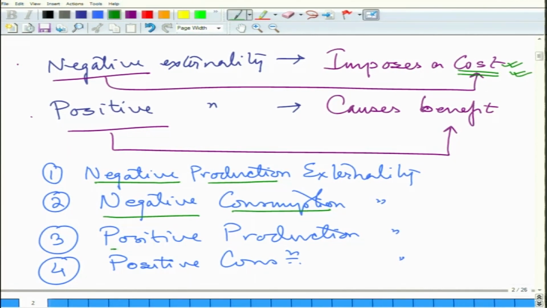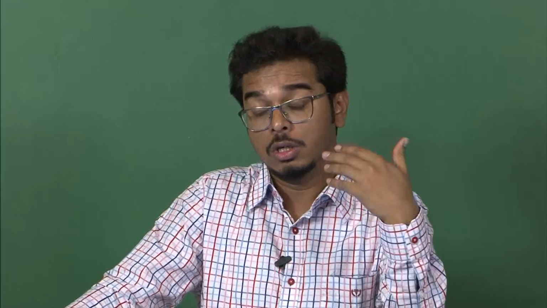Similarly, a positive externality is one which causes benefit. This benefit can arise because of production as well as consumption. If a particular production brings a benefit to others, apart from the person who is producing it, then that is a positive production externality.